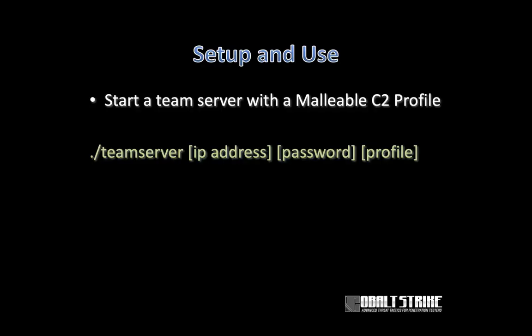Each team server has a single Malleable C2 profile associated with it, and that profile is specified when you start the team server. So do ./teamserver, the address of the team server or the default redirector, the password, and the path to your profile file.